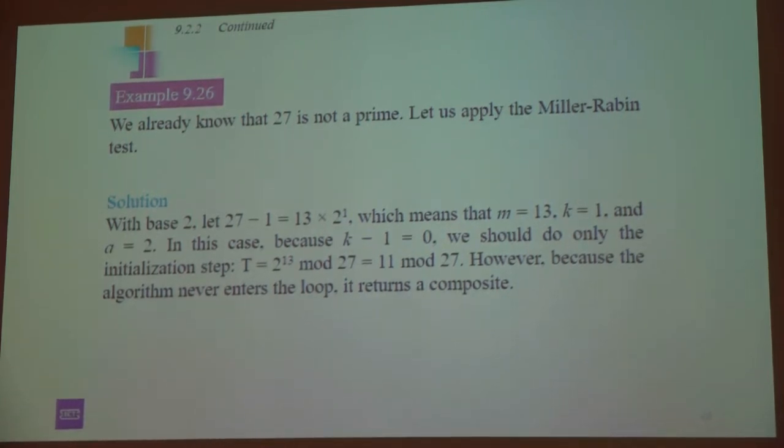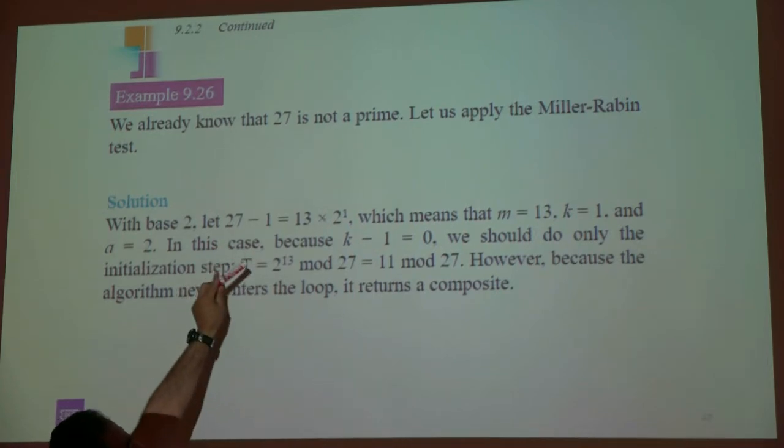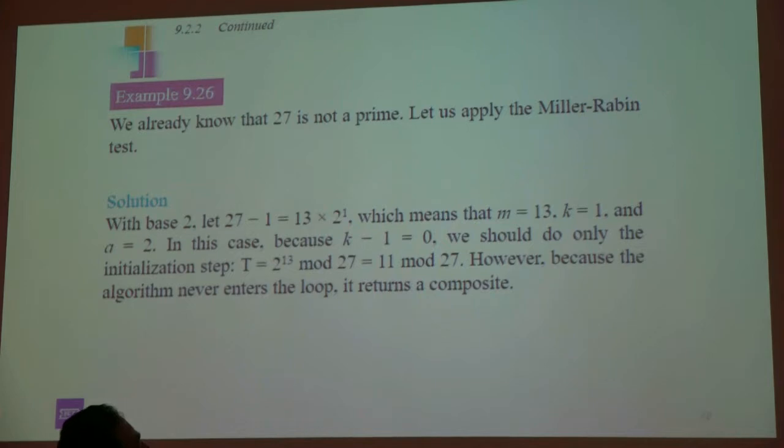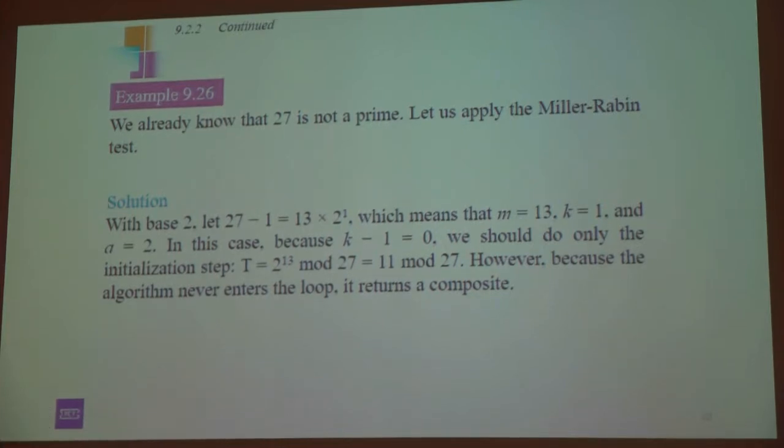Now for 27, just check if it's a composite or prime. Is 27 a prime? Yeah. So with base 2, n minus 1 equals 13 times 2 to the power 1. What is the value of m? 13. What's the value of k? 1. And a is 2.